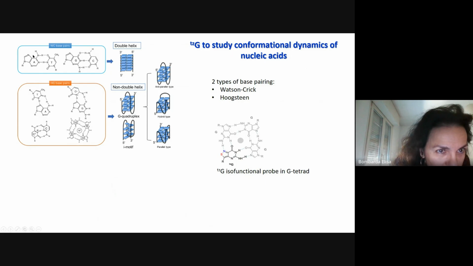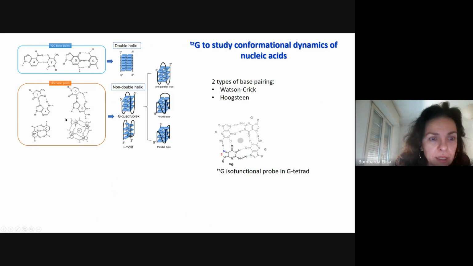This part here of the adenine, for example, and also of the guanine, this face, not that one, the group on this side of the guanine, is involved in Hoogsteen base pairing, and it is the nitrogen in position 7 which is involved in Hoogsteen base pairing.